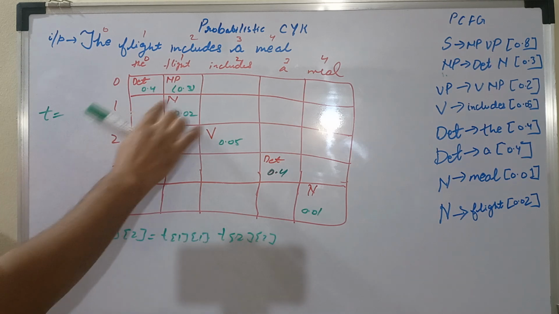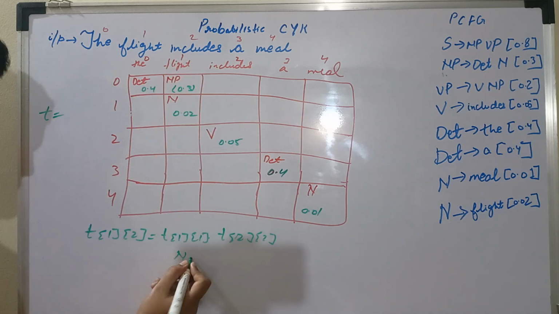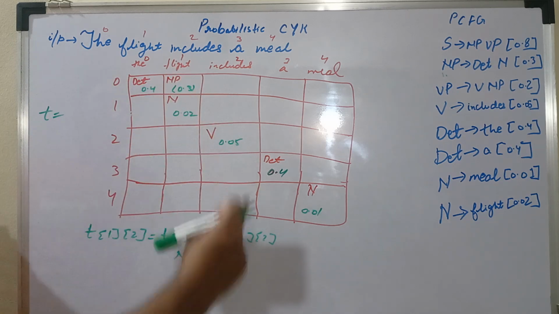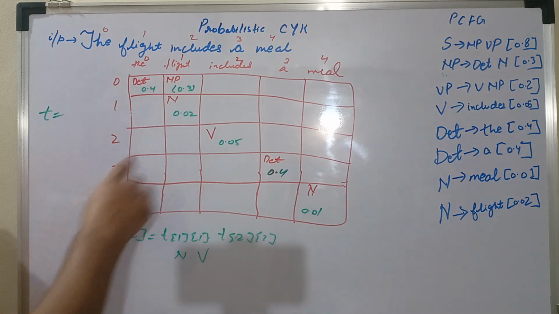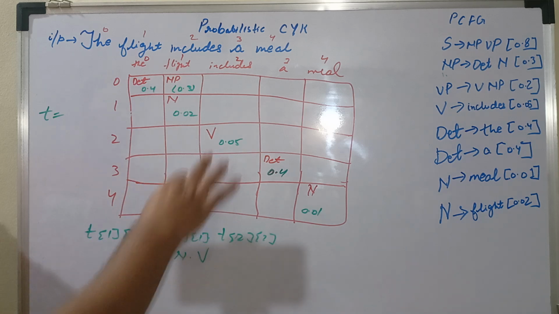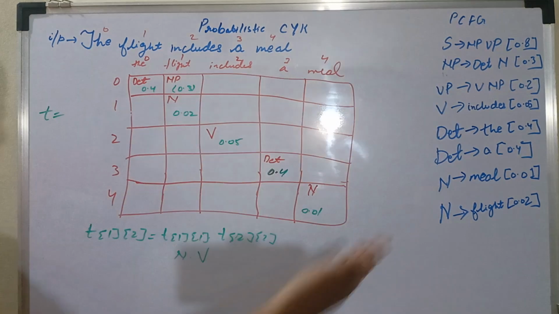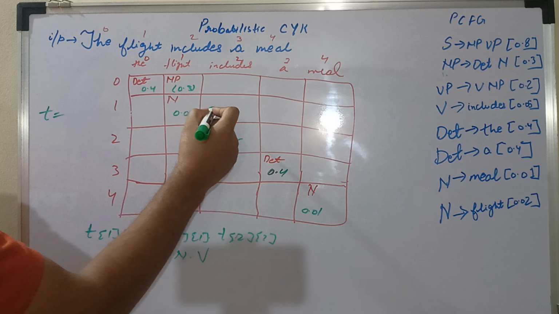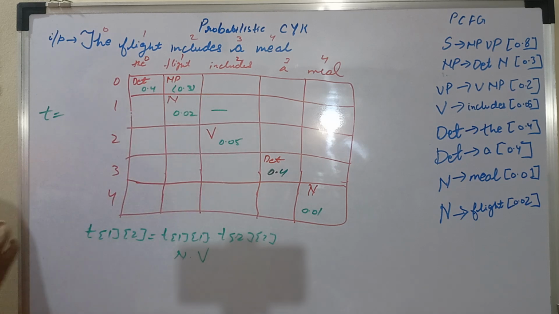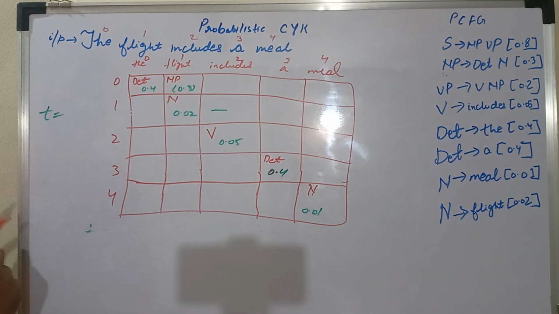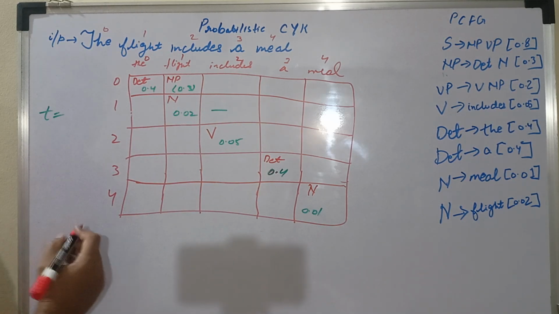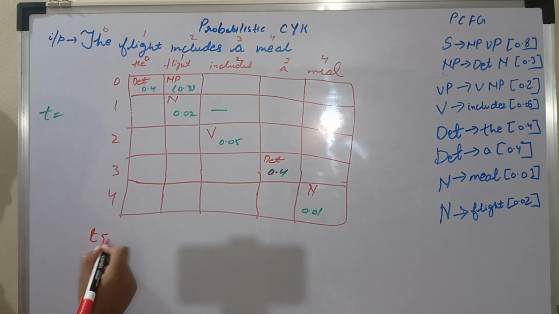T 1 1 we know is N, and 2 2 is V. Now we need to look for any rules which have N and V. There is no rule that produces N V, so we just put phi or null, whatever you want to, so that becomes blank. Now we will move to this cell, that is T 0 2.